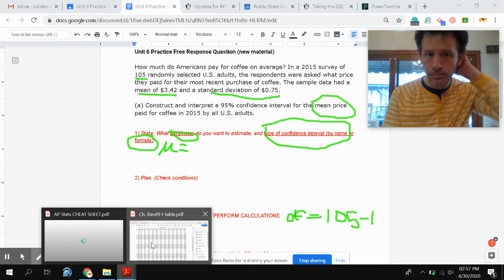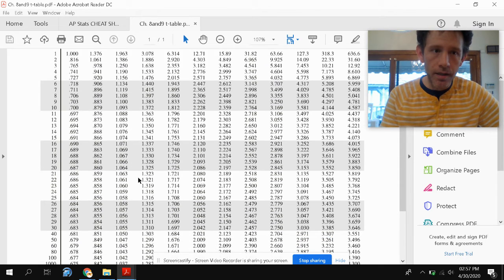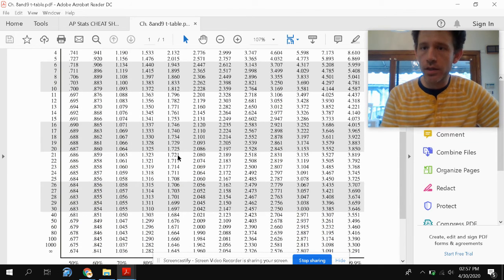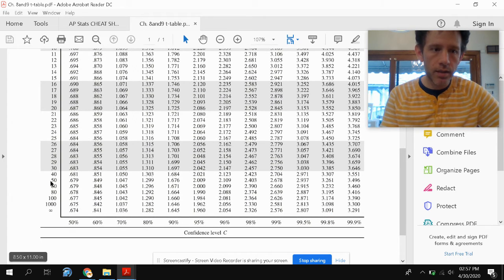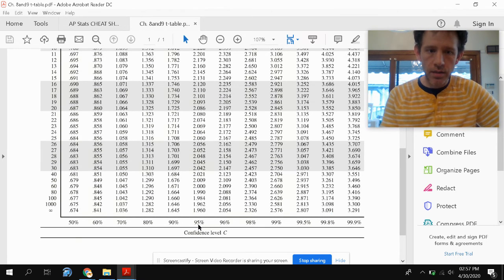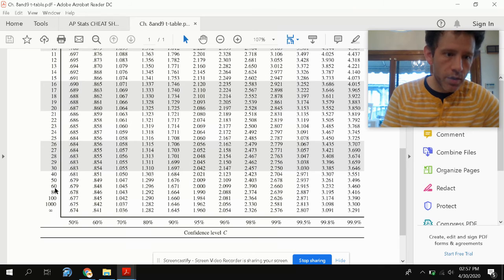You go to your table. So let's take a look at the table now. And the degree of freedom I'm looking for is 104. That's this column. And the confidence level was 95. So I've got the confidence level here. And the degree of freedom is 104.